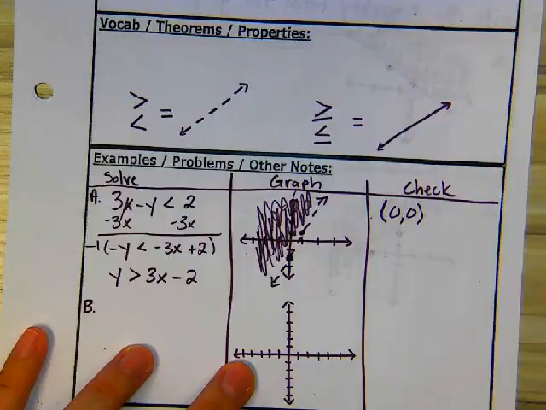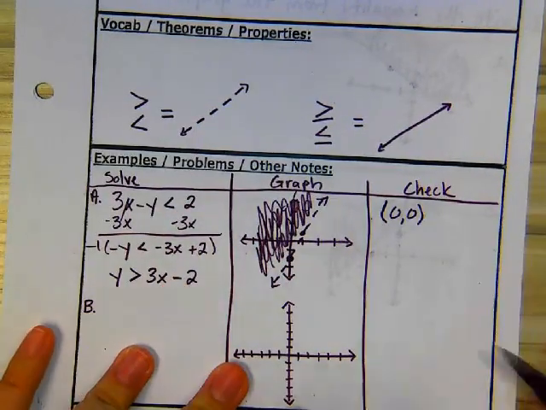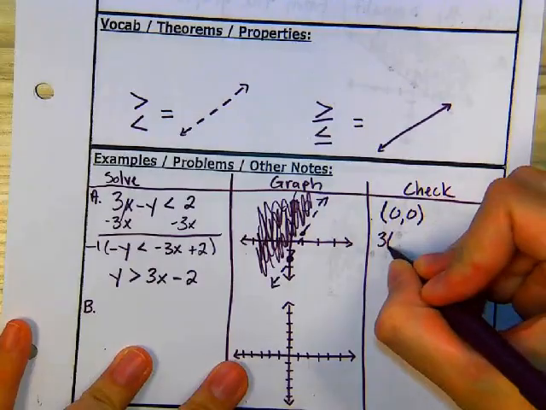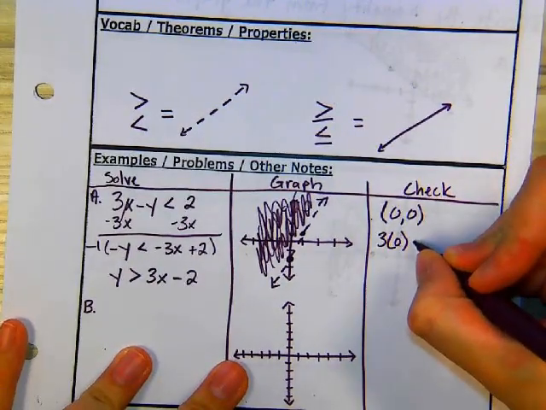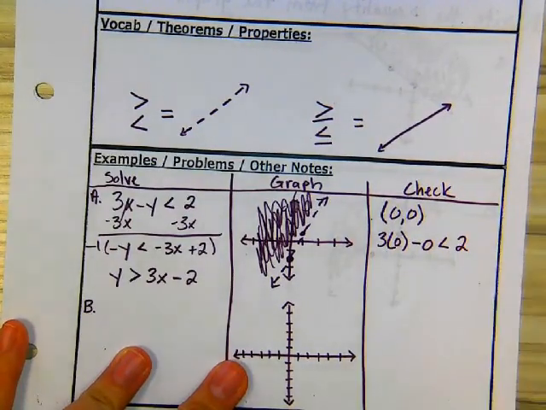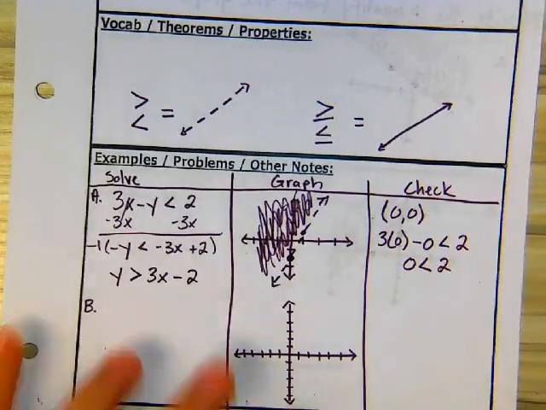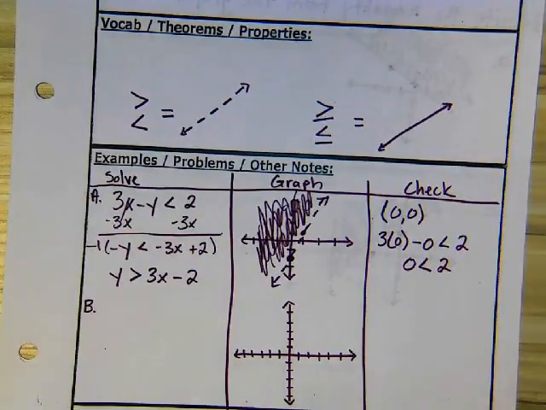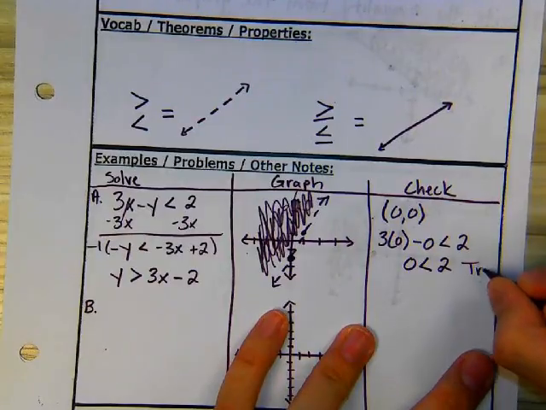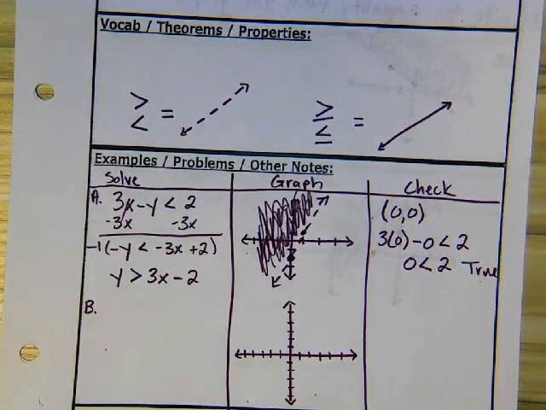We can plug it into the original or the one that we came up with. I'll just plug it into the original to show you that it works all the same. What we're left with is 0 is less than 2, which is a true statement, which means we shaded correctly.